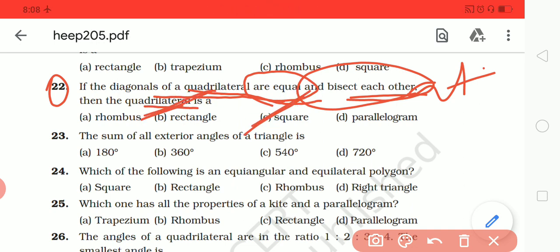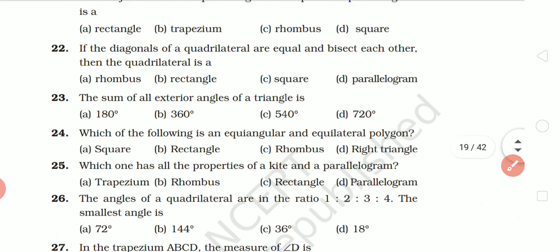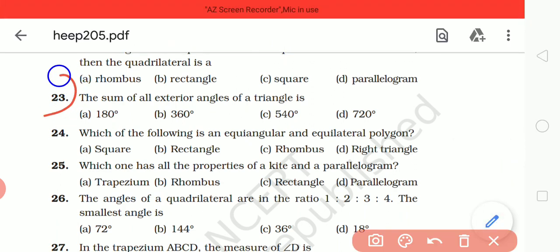So one more condition is required here to choose one option.